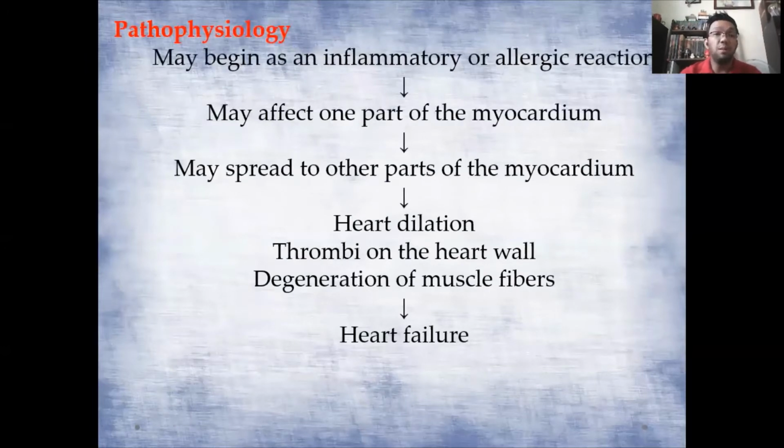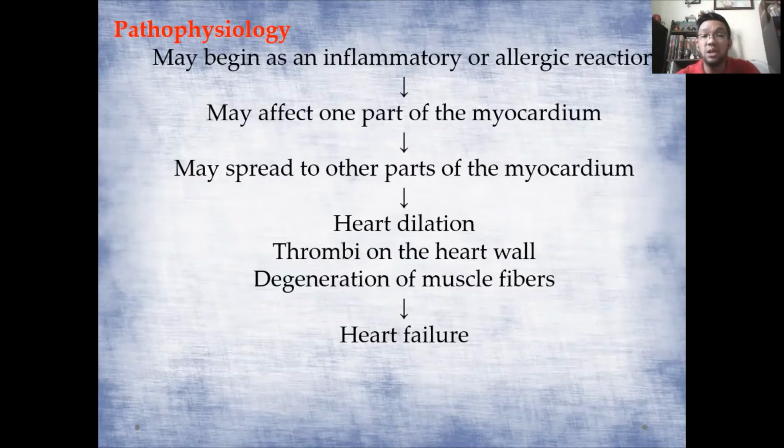This one may begin as an inflammatory or allergic reaction and may affect one part of the myocardium. At first, one part of the myocardium is affected, and this may spread to the other parts of the myocardium as well. Once that happens, heart dilation will occur. Thrombi on the heart wall can develop, so a blood clot can develop.